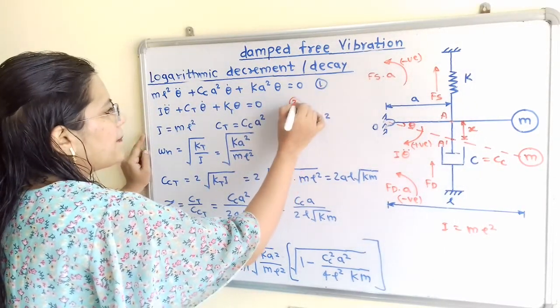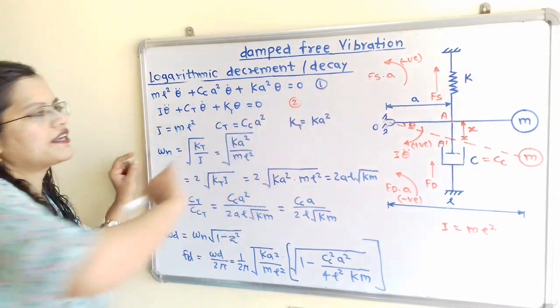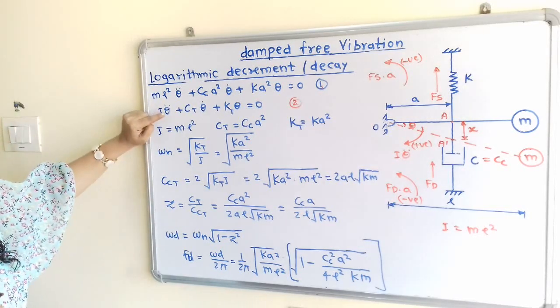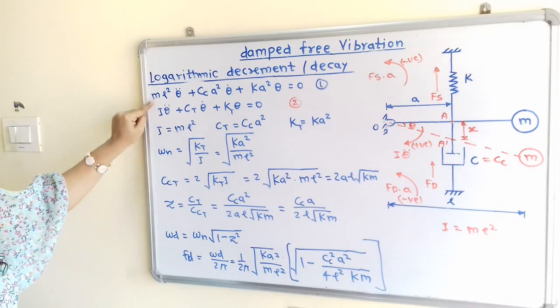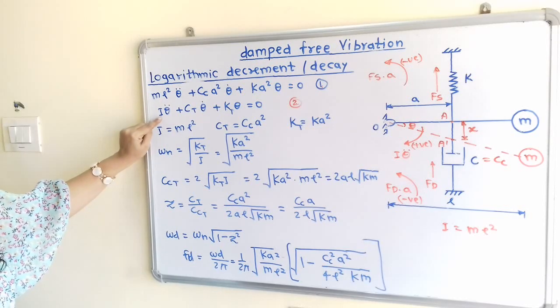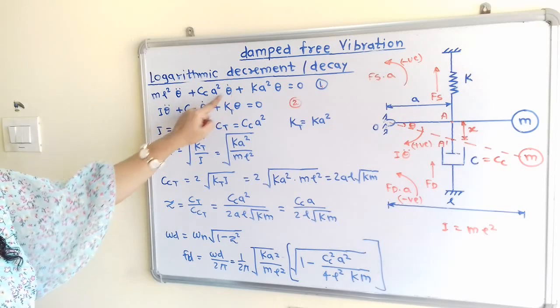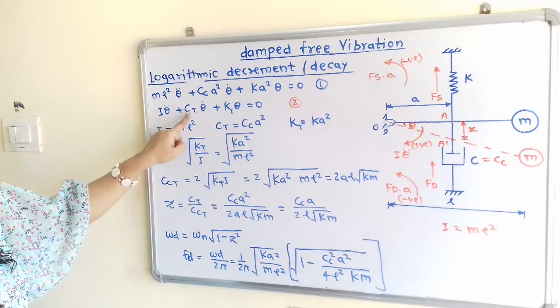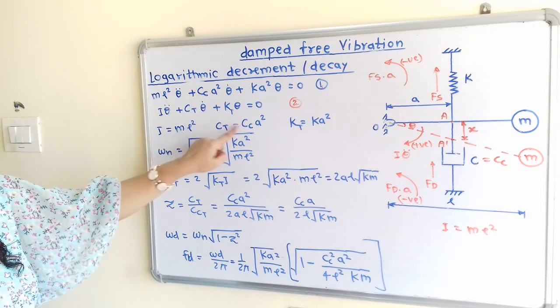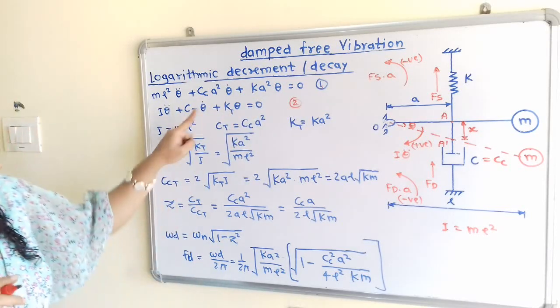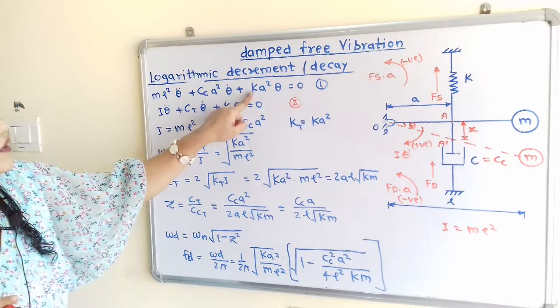Now if we compare this equation number 1 and equation number 2, both are equivalent to each other. So here coefficient of theta double dot, we can say that I is equal to ml square. Then if we compare coefficient of theta dot, then we can say that ct is equal to cc into a square. And if we compare the coefficient of theta, then we can say that kt is equal to k into a square.